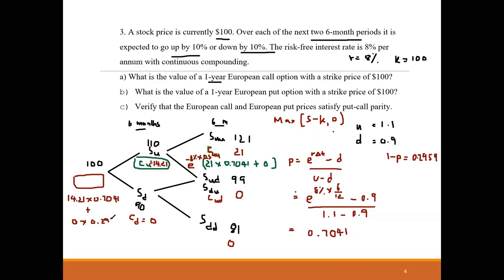This is the expected payoff after 6 months. To find the value today, get the present value of this, that is, multiplied by e to the power minus 8% into 0.5. Calculate and get the answers.